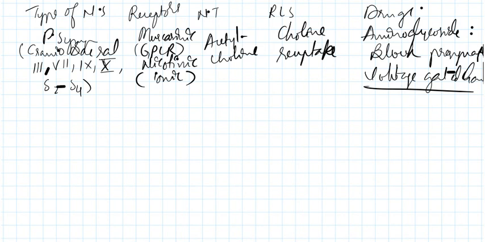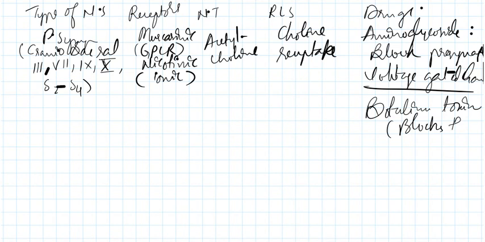Now, if you ask me about botulinum toxin, botulinum toxin blocks the release of acetylcholine. Botulinum toxin blocks the release of acetylcholine vesicles. Now, this is all about parasympathetic.